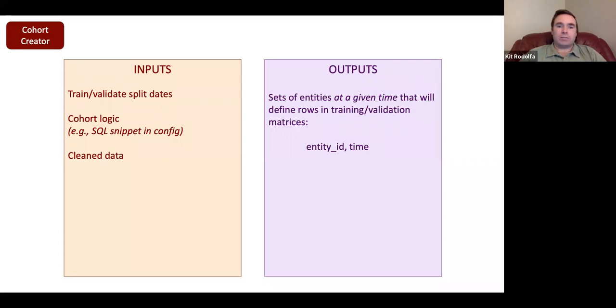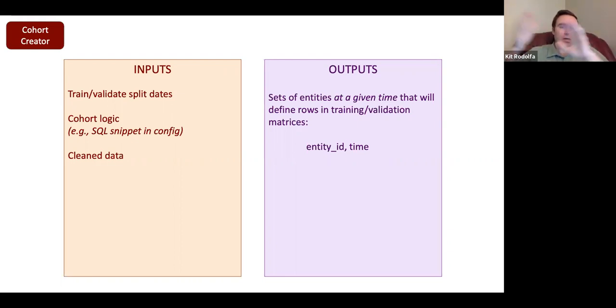And often the easiest way to do this is, you could store all that logic as just a snippet of SQL in your configuration file, and then that SQL gets run, or it could be a separate SQL file that your configuration file points to.